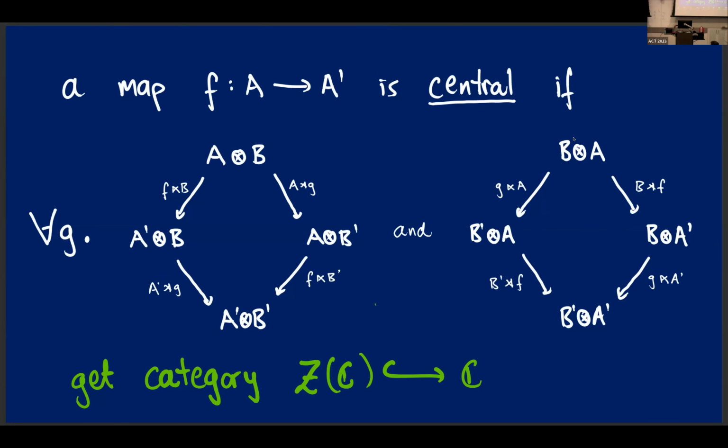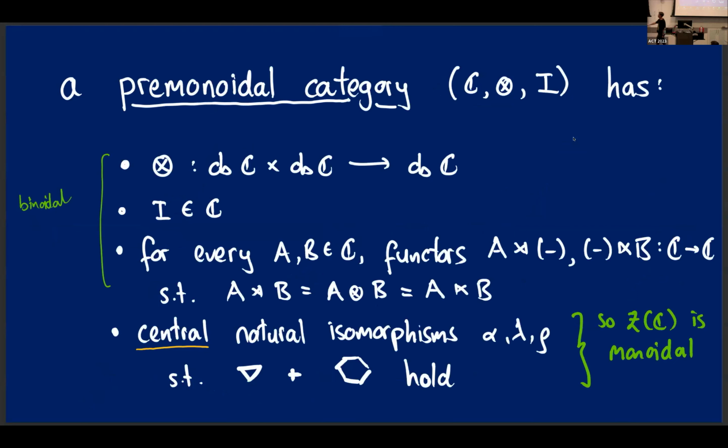So here, a map F is central if I can swap it with any G. Here I'm doing F and then G, and the other one I'm doing G then F, and likewise on the other side. So for any binoidal category C, you get a category ZC, which is the center, and it's the category of the same objects and just the central maps. And now the definition of premonoidal category is going to be a binoidal category.